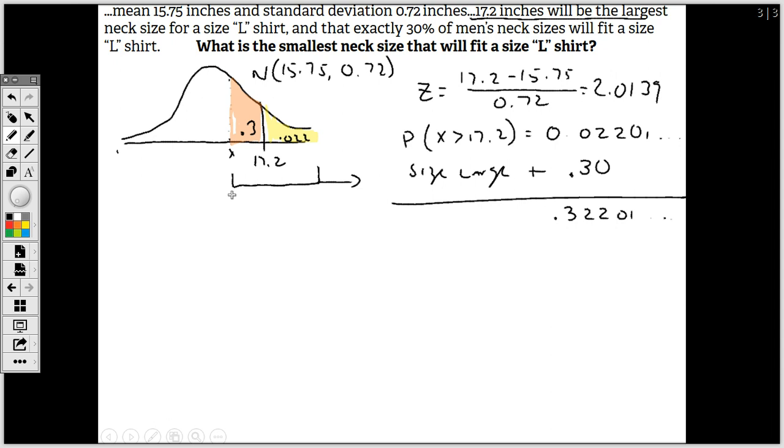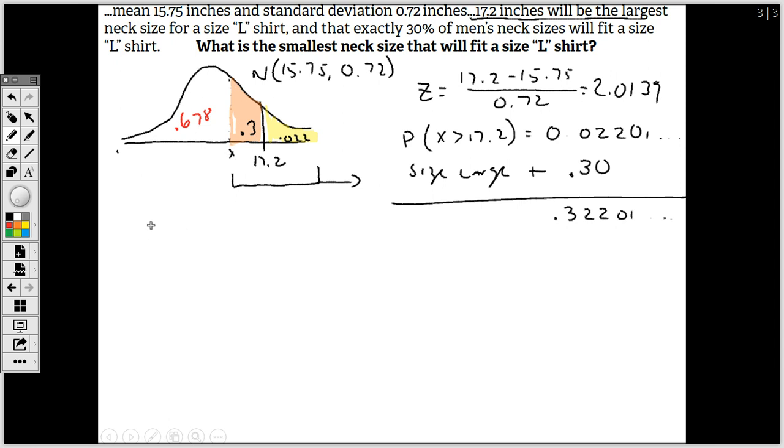From this cutoff to the right is this area, the upper 32% of the curve. So the area on the other side is going to be 0.678 or so if I round. So this cutoff is really the 67.8 percentile.